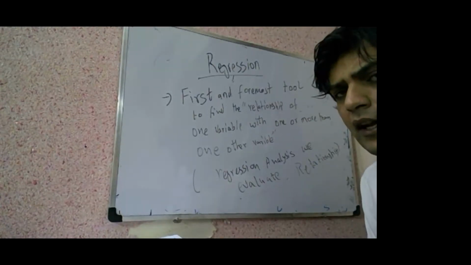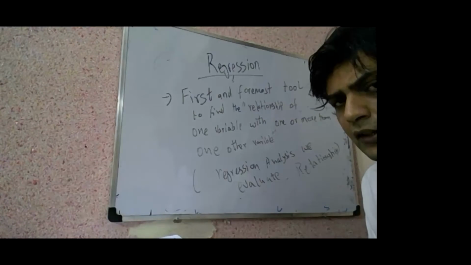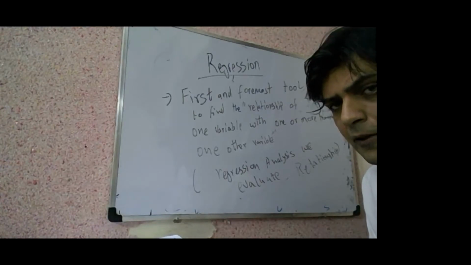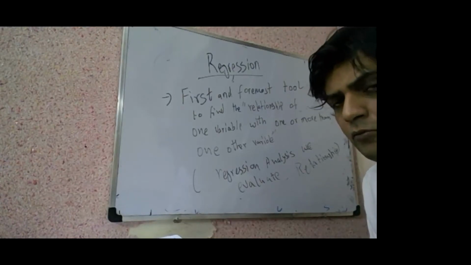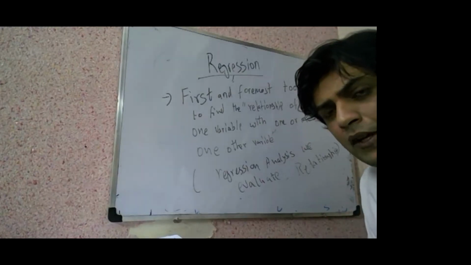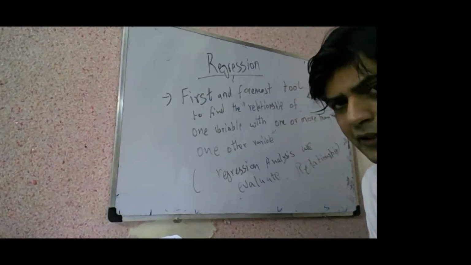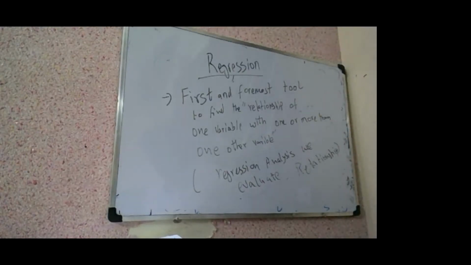So that's an analysis. Based on that analysis, we're going to make key decisions as well. And the first and foremost tool that comes to mind is regression. So I hope you understand what regression is.